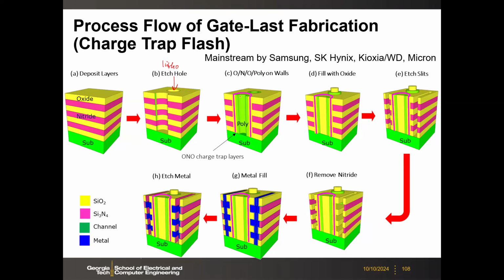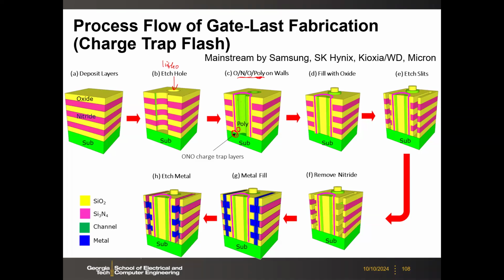So after you etch the hole, we see the inner part of the hole, then we deposit this charge trap layer, including the polysilicon channel. Of course, you deposit ONO and then poly. So ONO here, and then the green one is the poly.